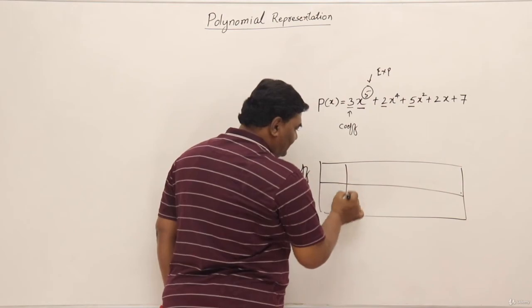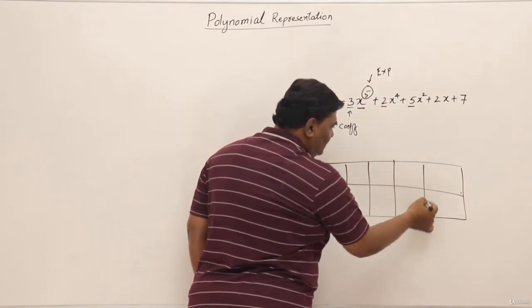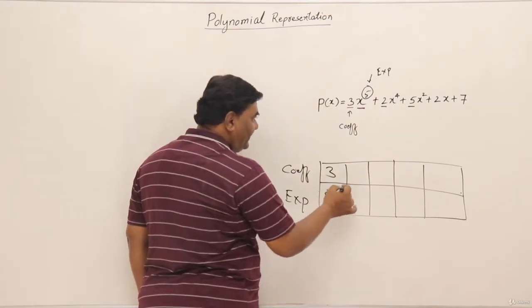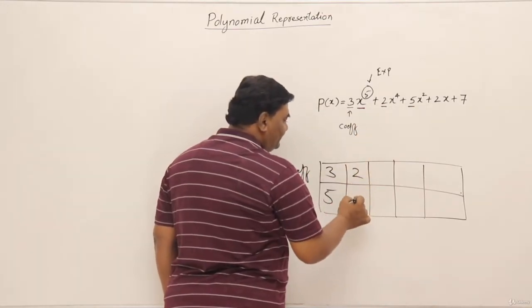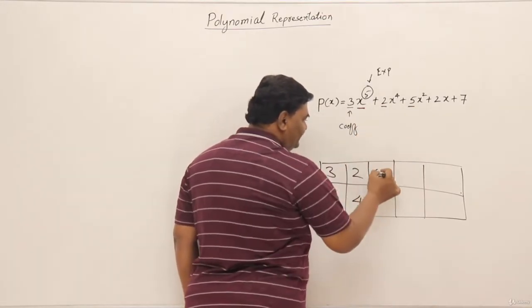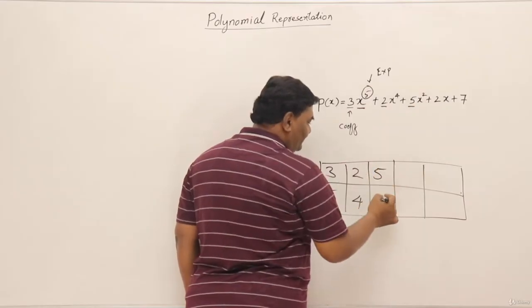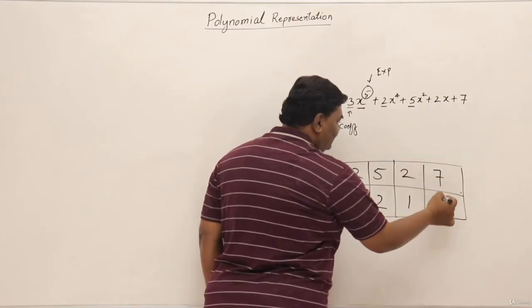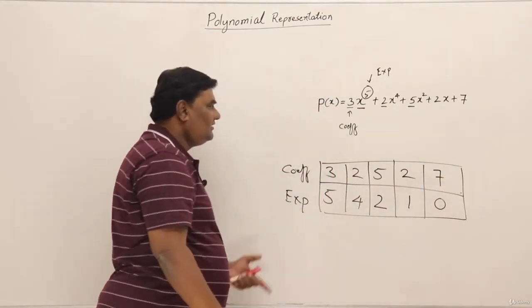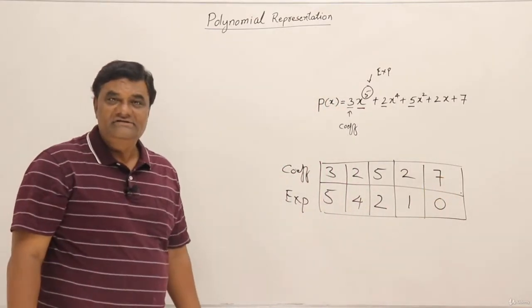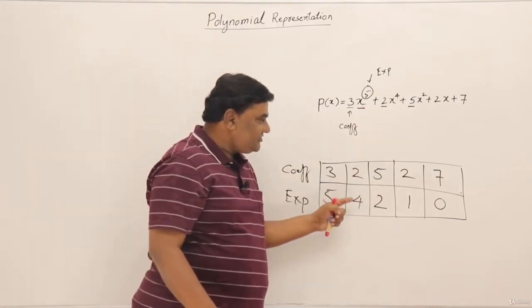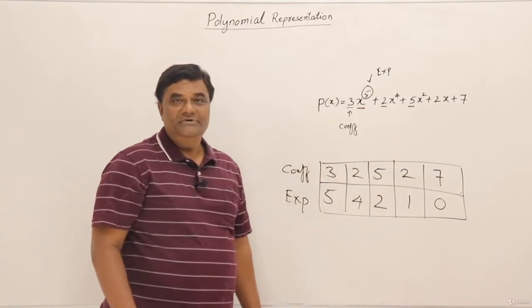Total 5 are there. Now the first term's coefficient is 3 and exponent is 5. Coefficient is 2, exponent is 4. Coefficient is 5 and exponent is 2. 2, 1, 7, 0. So here I have a set of terms. This data is sufficient to represent that polynomial.